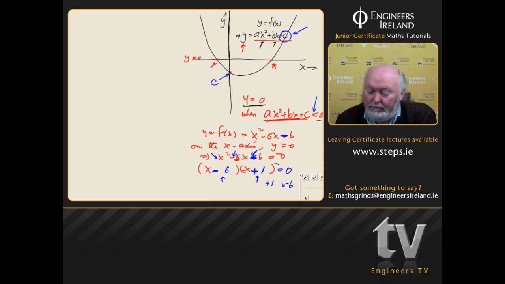Those two, one multiplied by the other, is equal to 0. So we can say that implies x equals 6 or x equals minus 1. We would then be saying that the x value here is minus 1 and the x value here is plus 6. So we've now got 3 points.